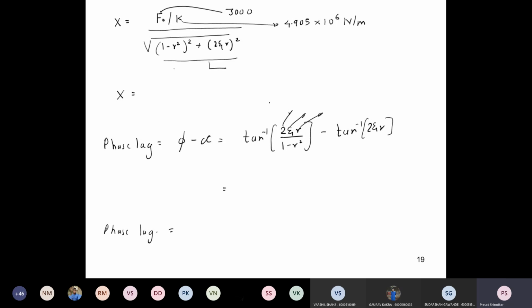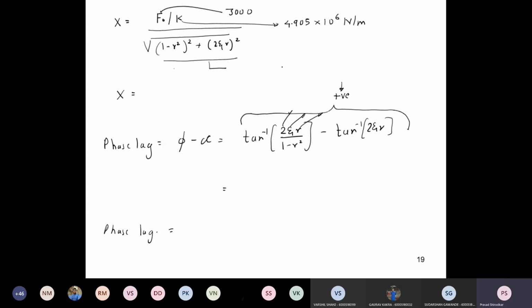Alright. Now when you substitute the answer for phase lag, there is an important hint when you write the answer. See, this value has to be always positive. Okay, why? Because phase lag is what?